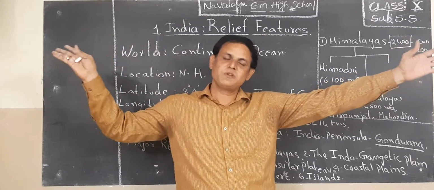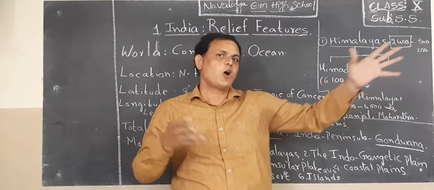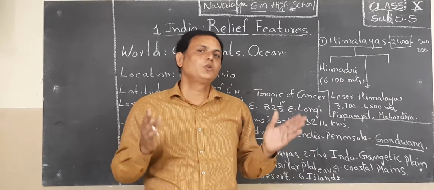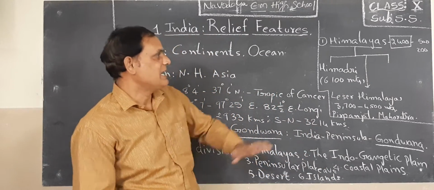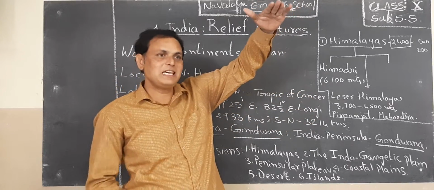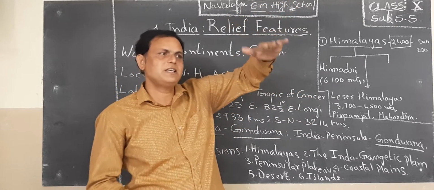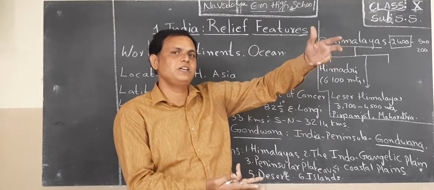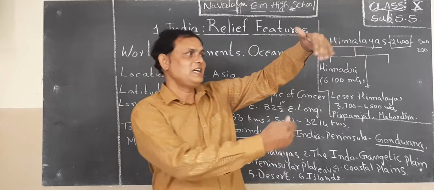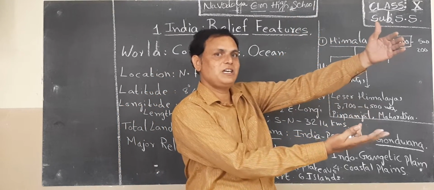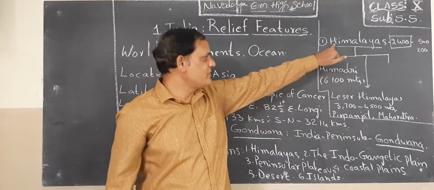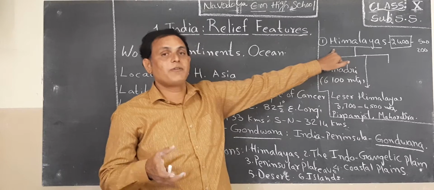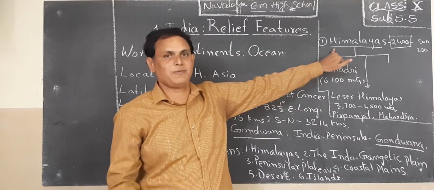How many kilometers are there? 2,400 kilometers, children. Okay, next one, width. The width of these Himalayas in some areas is 500 kilometers. In some areas the width is 200 kilometers. So that is the width and length of the Himalayas.